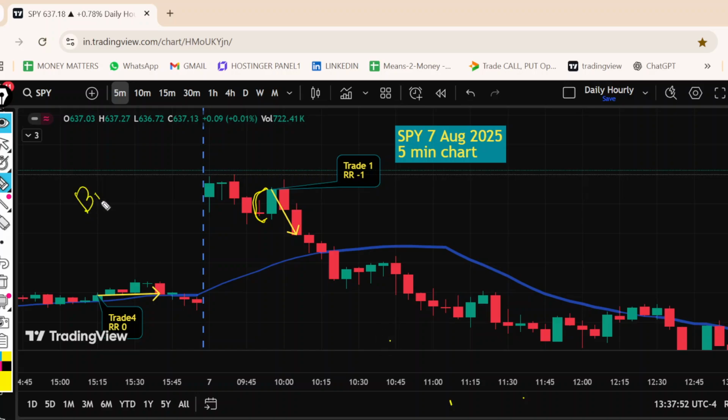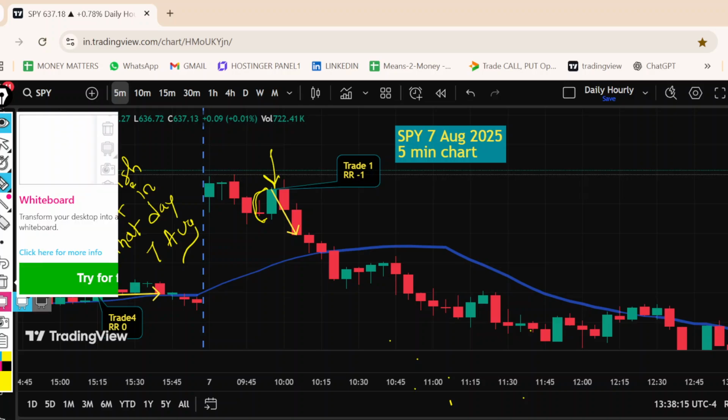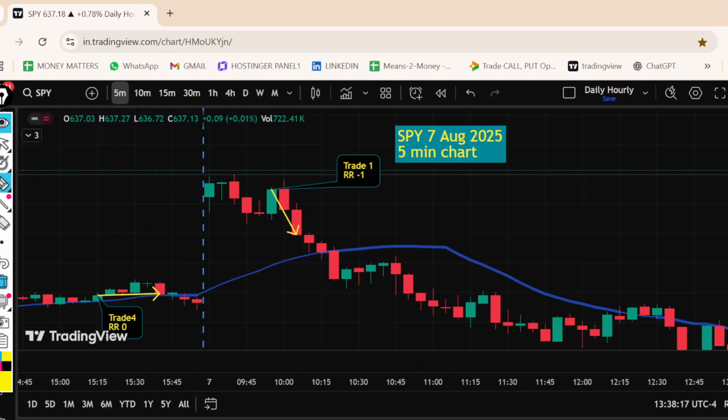It's a bullish candle. It is basically the most bullish candle of that day, that is on 7th August. So basically now we can take a trade.